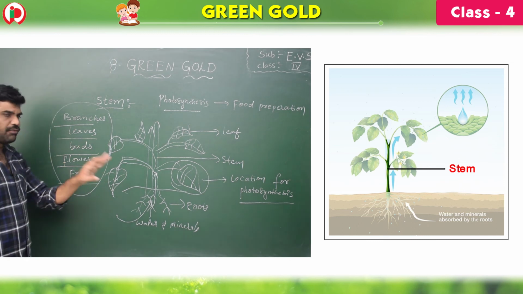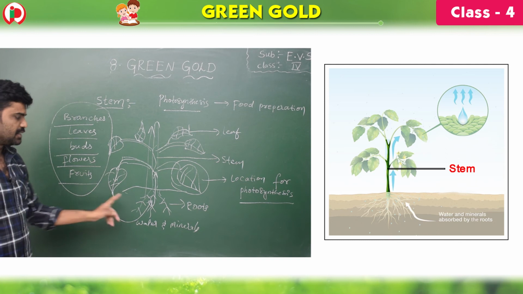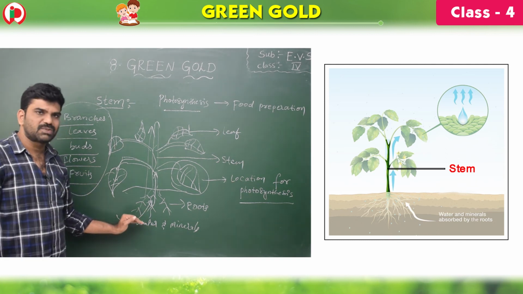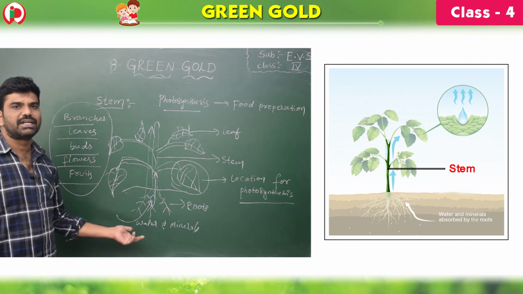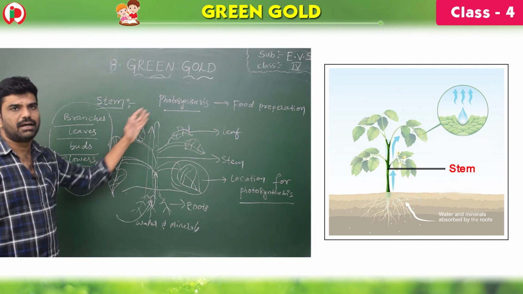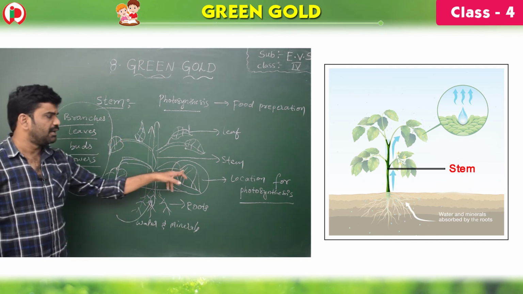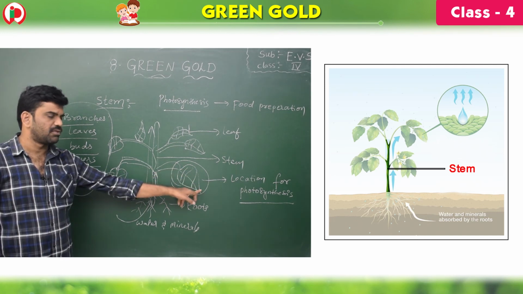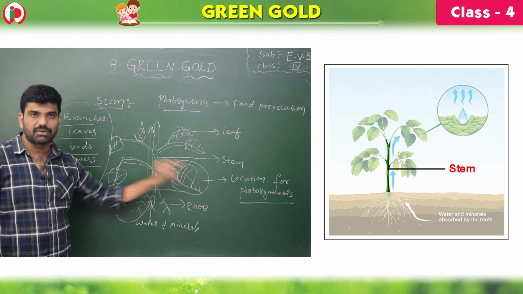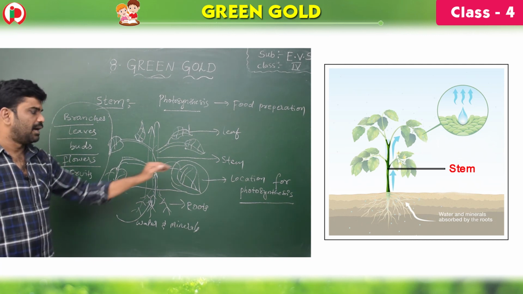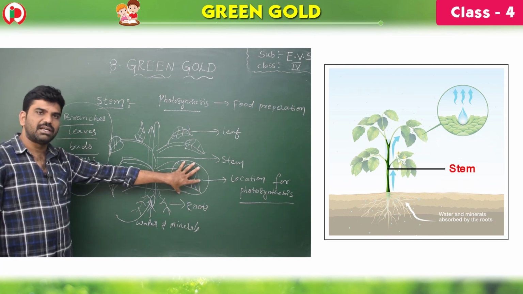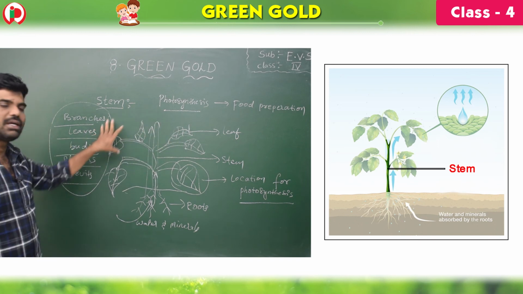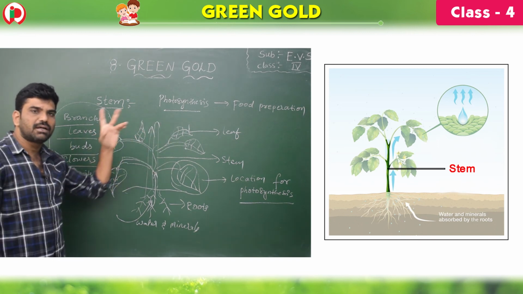So here mainly 4 points, children, you keep in mind. First one, stem transports the minerals and nutrients from the roots to the leaves. Next one, leaves are the sites for the location of photosynthesis. And after the food preparation in the leaves, this food is supplied to the remaining parts of the plant through the stem.